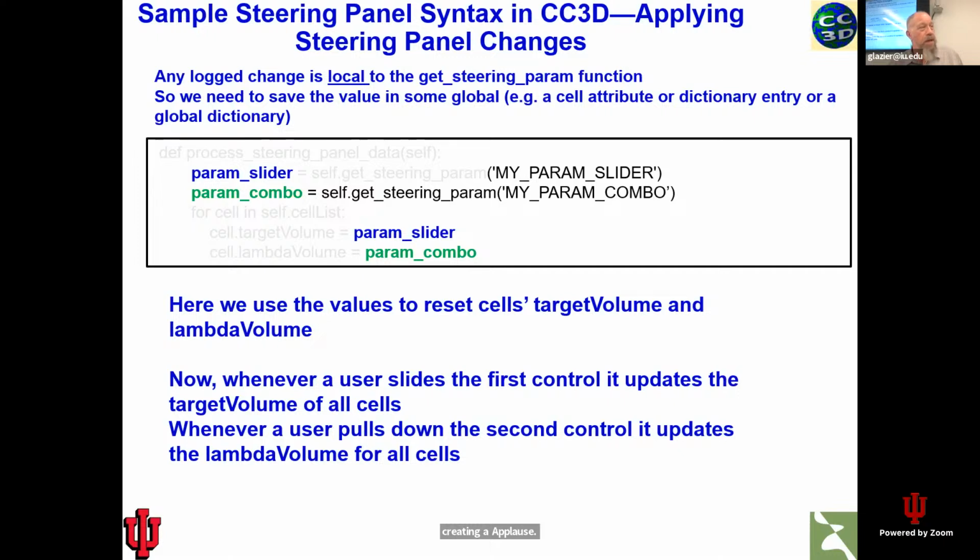When I do the update and get the value parameter combo in process steering panel, I'm sorry, I'm not sure why the font color is hard to read here. I don't know what happened to that. It's there, but it's pretty gray.